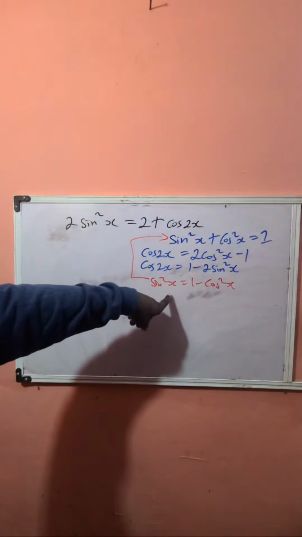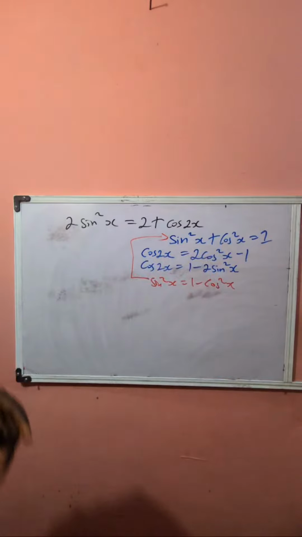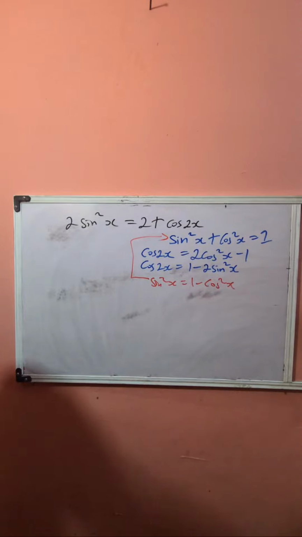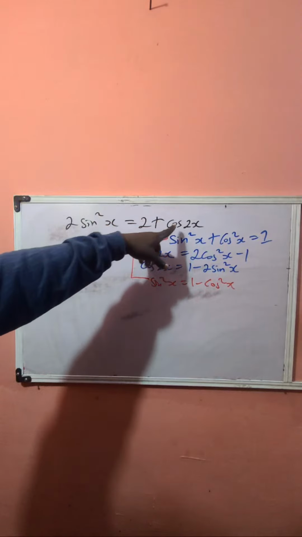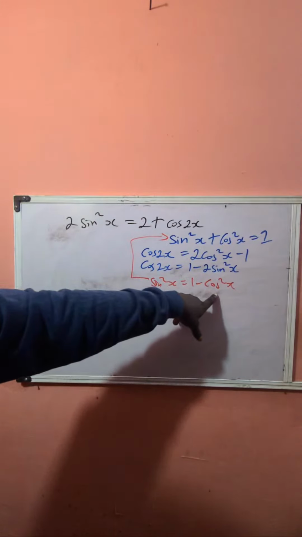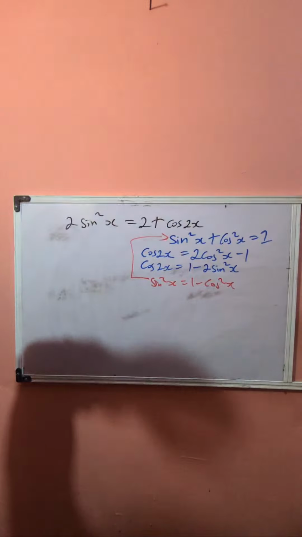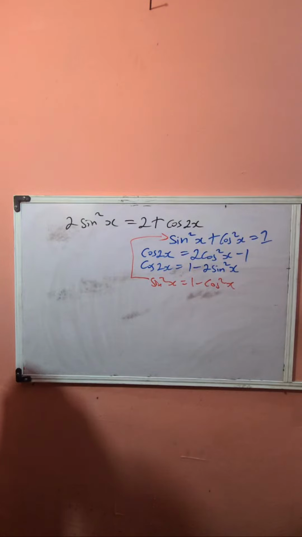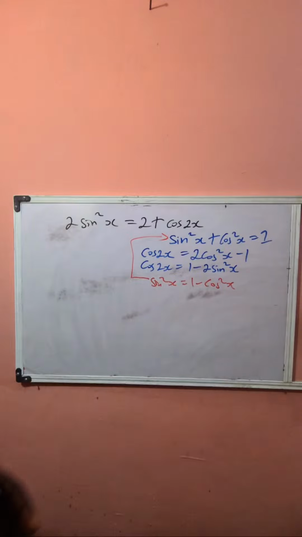So from here I can see that sine square x is 1 minus cos square x. The reason I want to do this is that I want to use cos all through.